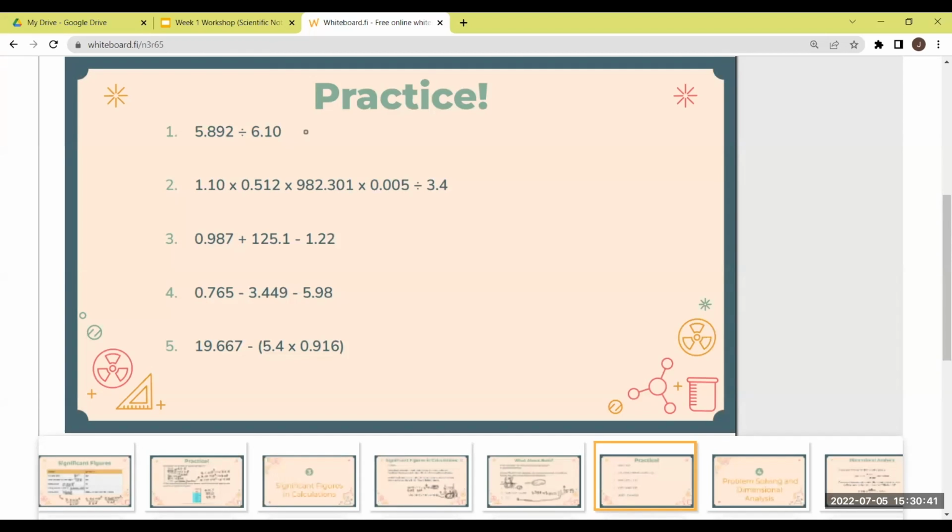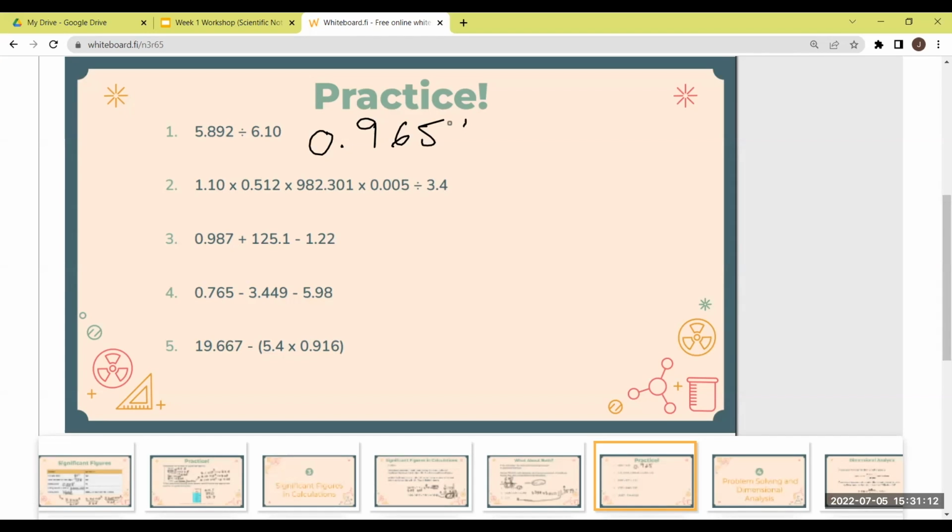All right, so for number 1, we have a division problem. There's going to be no mixed operations or anything in here. So we're just going to do 5.892 divided by 6.10. I'm going to put this in my calculator. And that gets me an answer of 0.965.